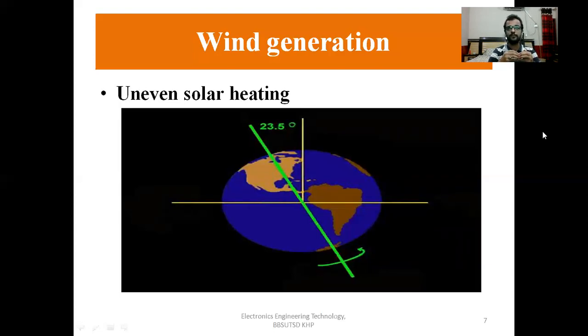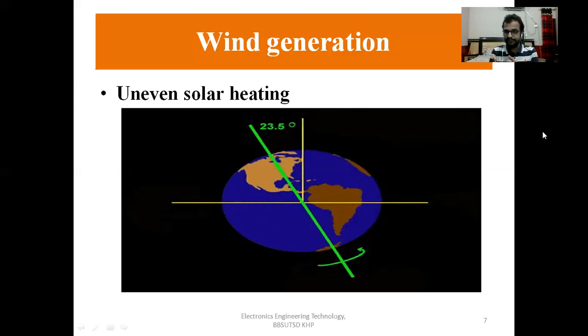It is the tilt of the earth's axis during the revolution around the sun that results in cyclic uneven heating, causing the yearly cycle of seasonal weather changes.